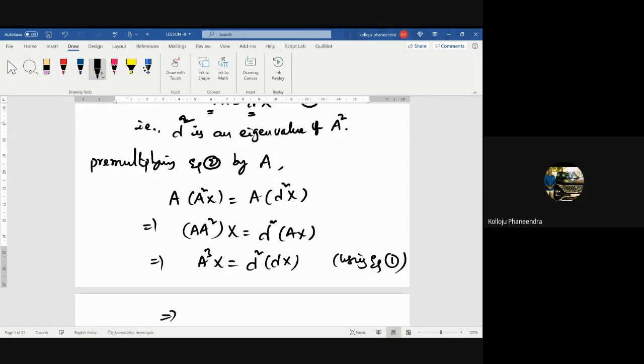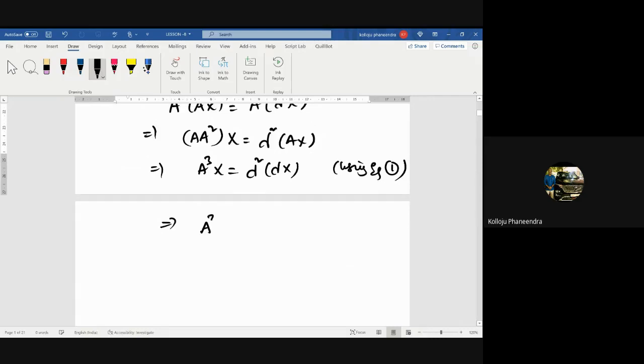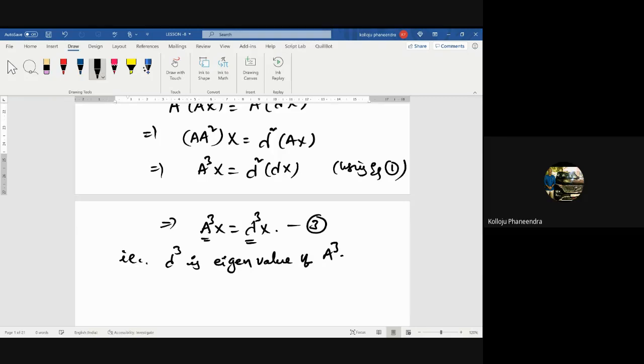So A cube x equal to lambda cube x. This is equation 3. That is, lambda cube is an eigenvalue of A cube.